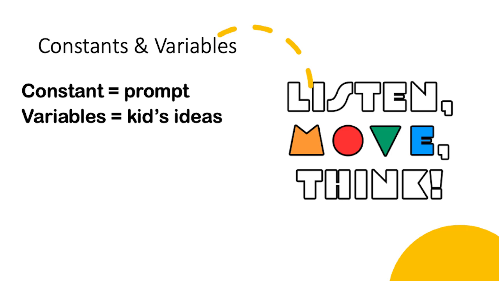Think of something rectangular. Think of something round. That is a constant. So everything coming out of all of the children's minds should somehow fit into that constant. Then all of the ideas that they come up with are variables.